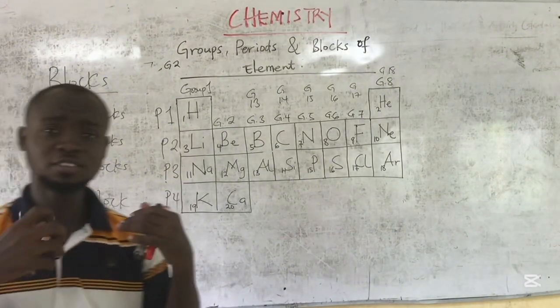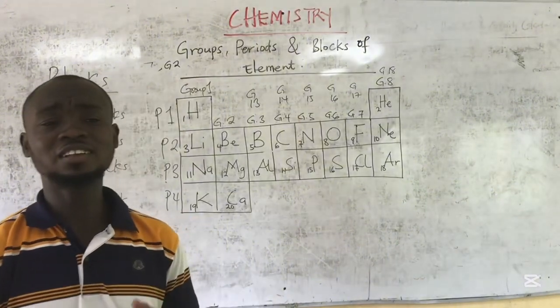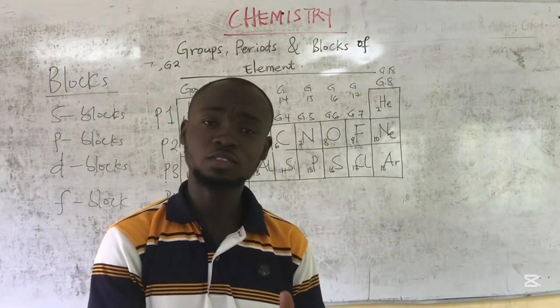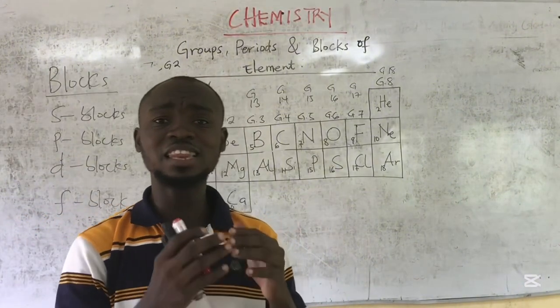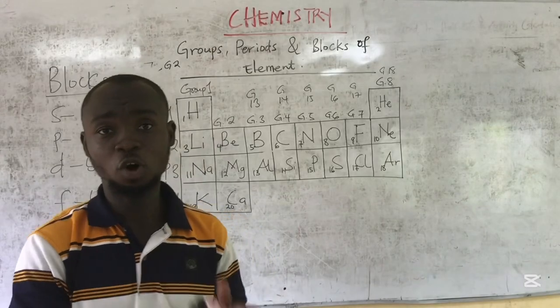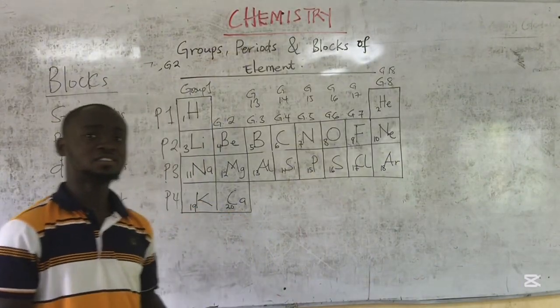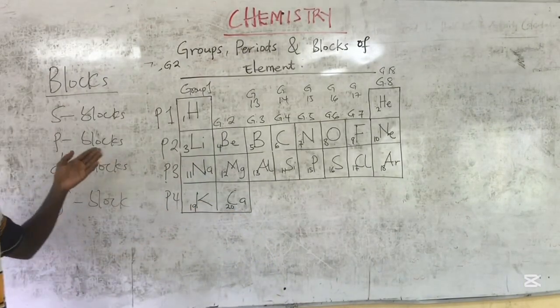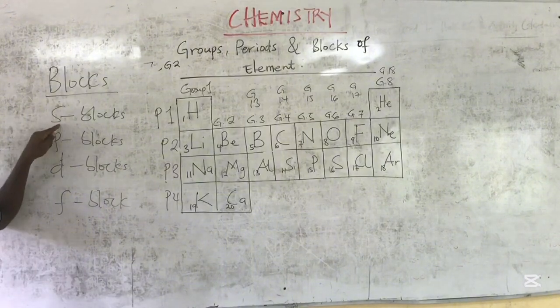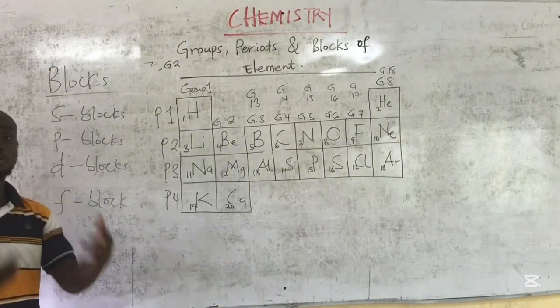The block of elements simply means that the element has its last electron in that orbital. So if an element has its valence electrons located in the s orbital, it is an s block element.